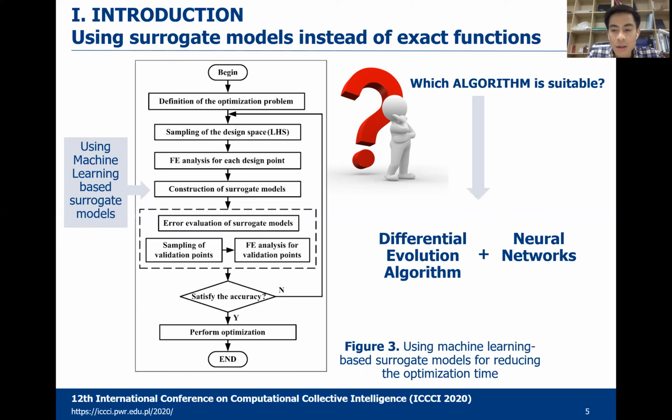Among the evolutionary algorithms, differential evolution is preferred because of its advantages. On the other hand, while many machine learning algorithms exist, the capability of the neural network has been proved. Because of the above reasons, we decide to combine differential evolution and neural network in our work.